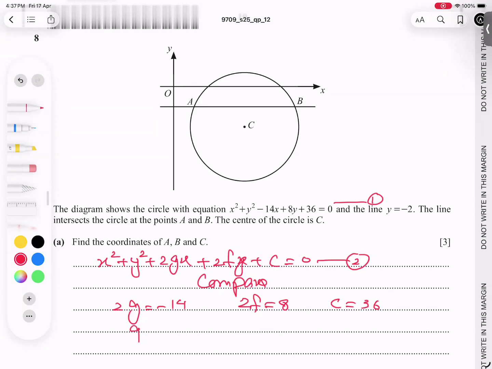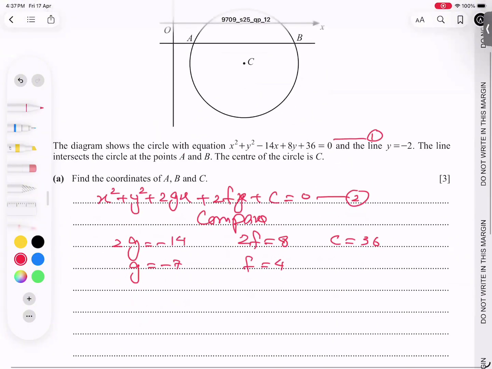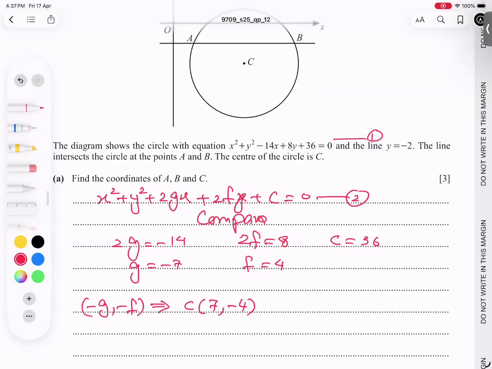If I divide by 2 on the other side, I get negative 7. So this becomes 4. And we have a formula for the center of the circle, always change the sign. I mean, negative g, negative f is basically the center of the circle, and that becomes 7 positive and 4 negative. So this is the formula. Now, what is the radius formula? The radius formula is root of f square plus g square minus c.